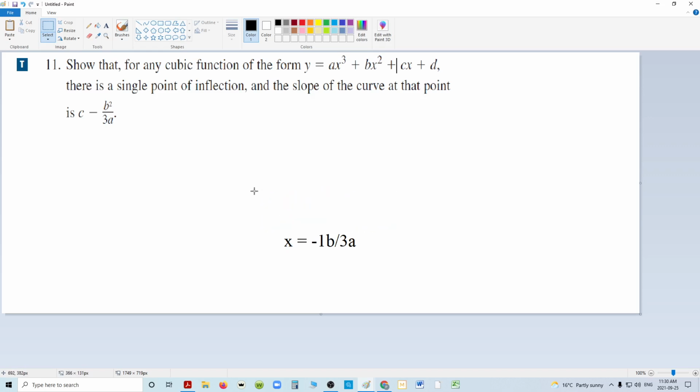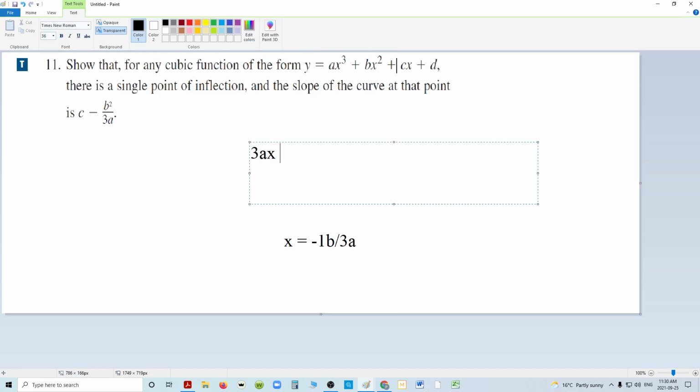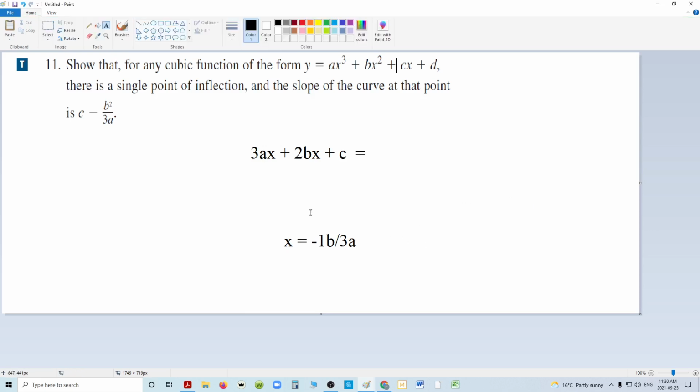To figure out the slope at that point, I have to take the first derivative and put that in. So I get 3ax squared plus 2bx plus c. That will give me the slope if I plug in my x value.